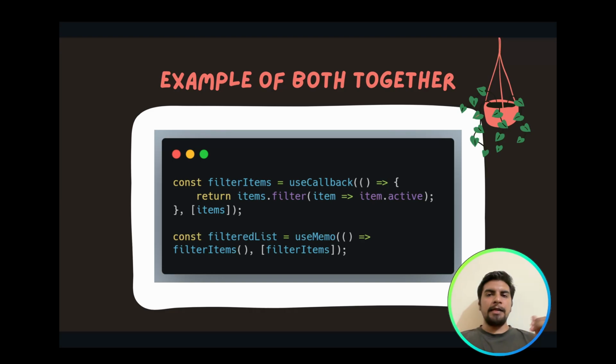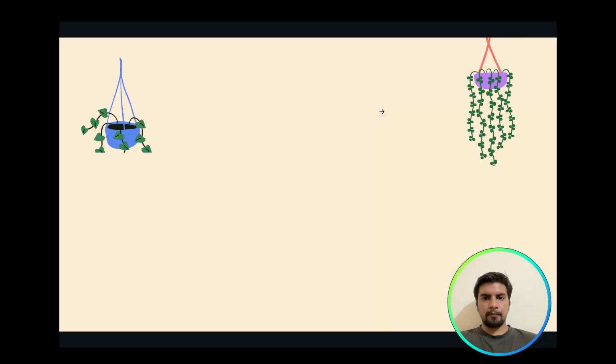We have compared them in the previous slide, but it doesn't mean that they can't be used together. In this example, filterItems is memoized with useCallback, and then we use useMemo to memoize the result of calling filterItems. This approach keeps both the function and the value stable, minimizing unnecessary computations as well as unnecessary re-renders.